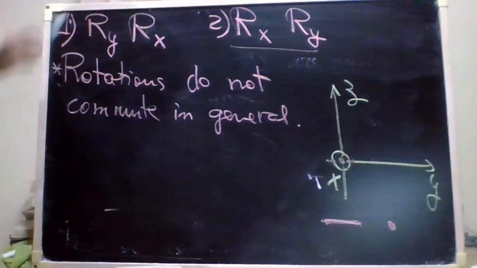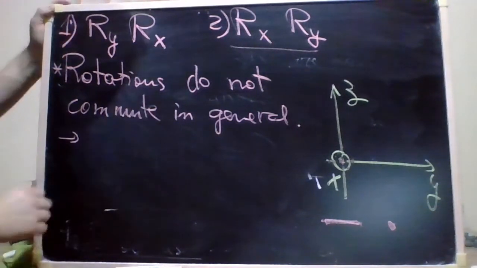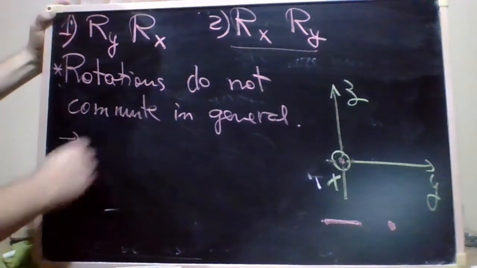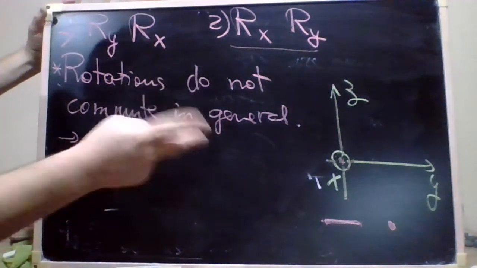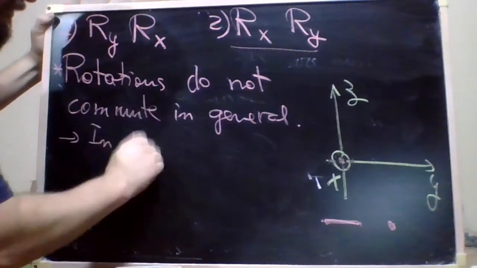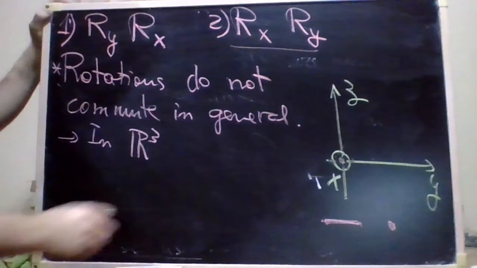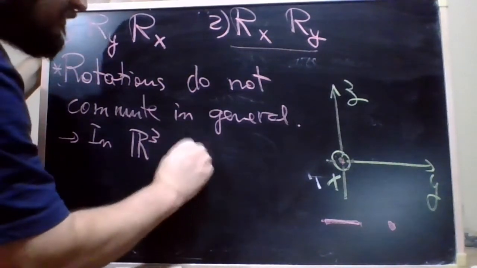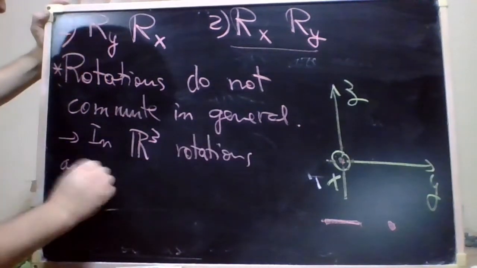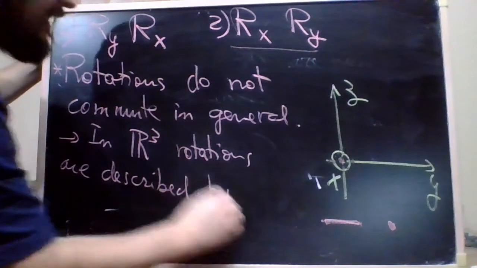So the group corresponding to rotations in three-dimensional space is said to be non-abelian because the operators, the generators, do not commute. So say in R3, in three dimensions of real vectors, rotations are described by non-abelian generators.